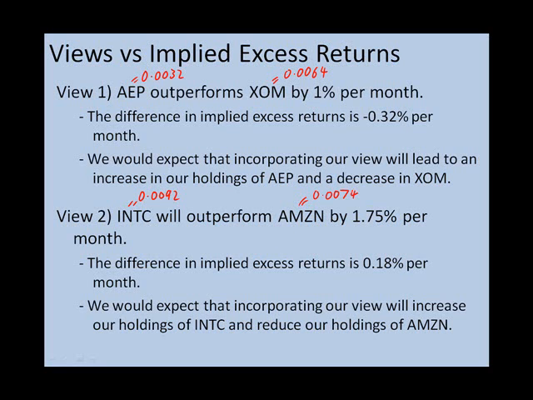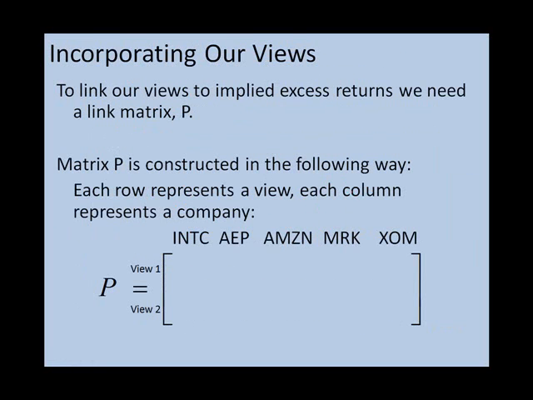We now have 2 views. How do we incorporate those views and combine them with our implied equilibrium excess returns? We're going to have to use a link matrix, and that matrix is called P. A matrix P is constructed in the following way.